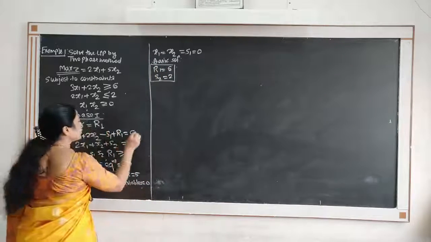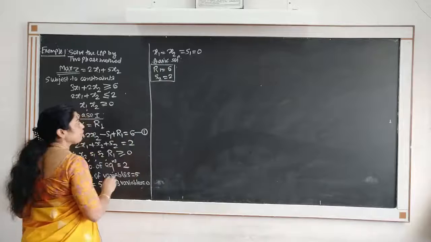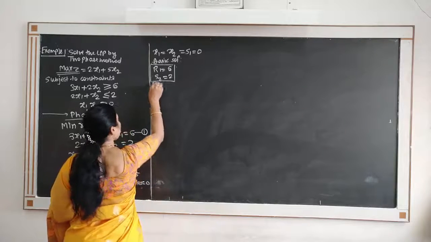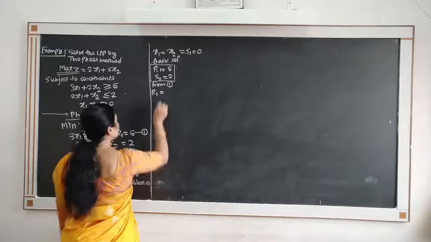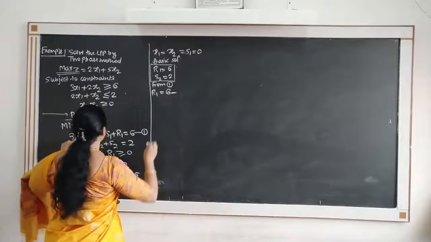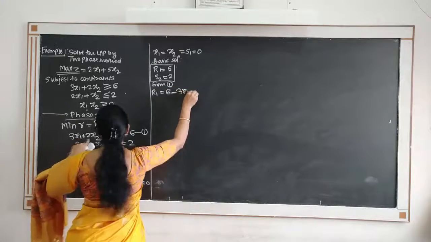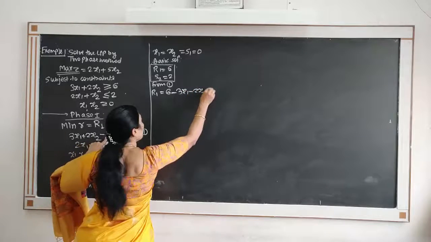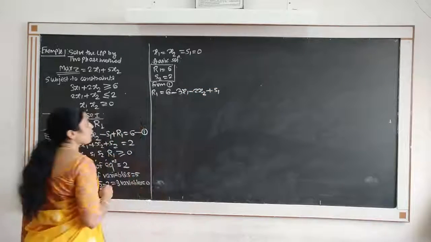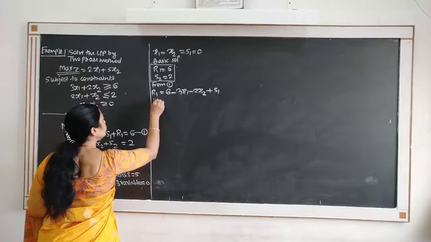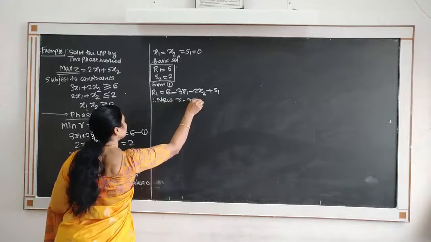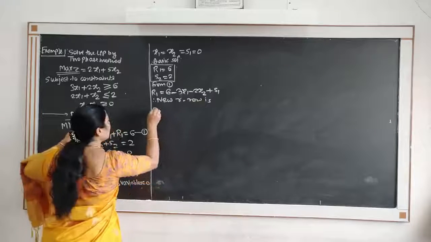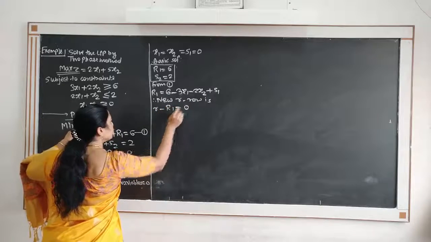Now from equation 1, we will find the value of r1. So what is r1 from equation 1? R1 is equal to 6 minus 3x1 minus 2x2 plus s1. This is value of R1. So what is new R row? New R row becomes R minus R1 equal to 0.